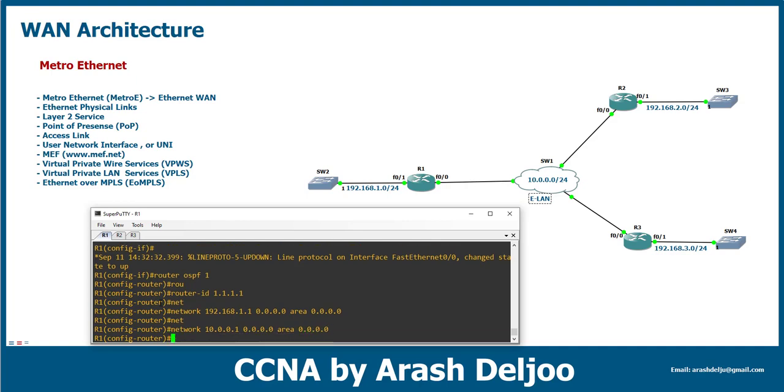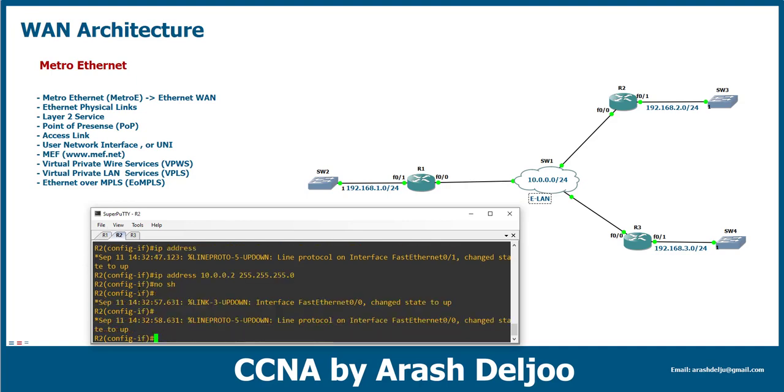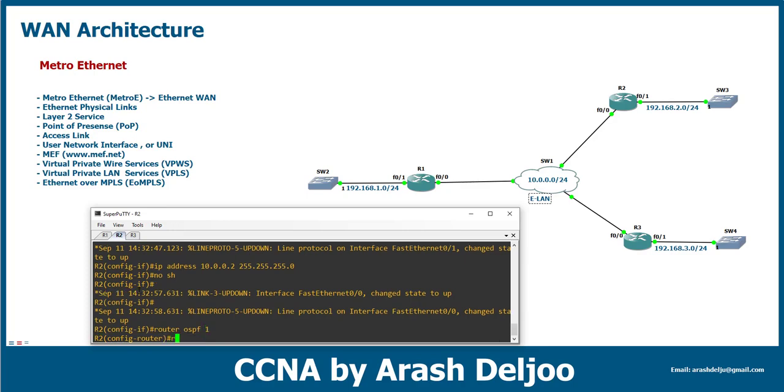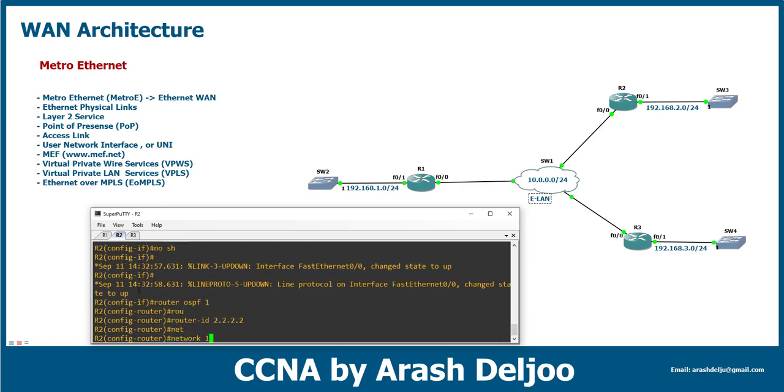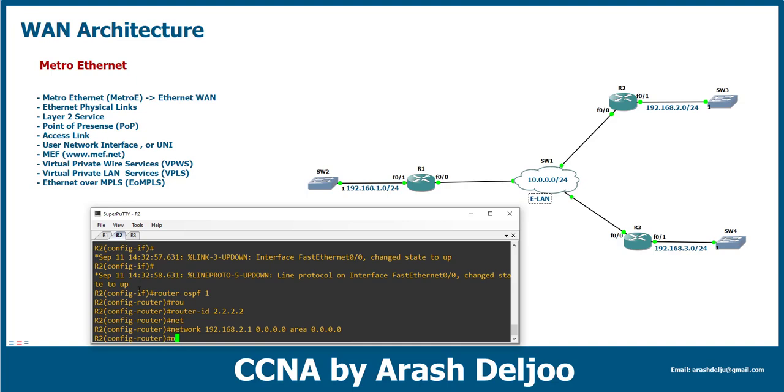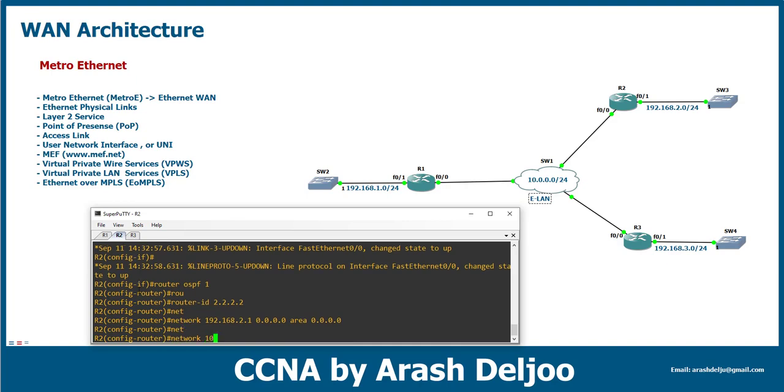That's it. And then router 2: router OSPF 1, router ID is 2.2.2.2, then network 192.168.2.1 0.0.0.0 area 0. After that, network 10.0.0.2 0.0.0.0 area 0. That's it.